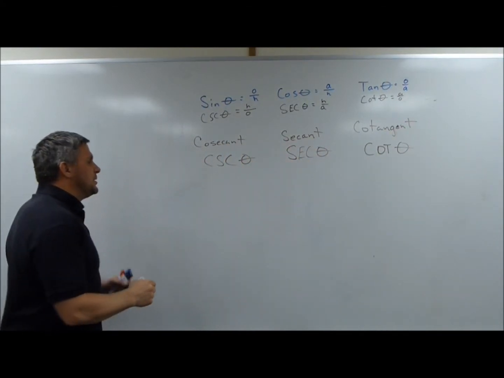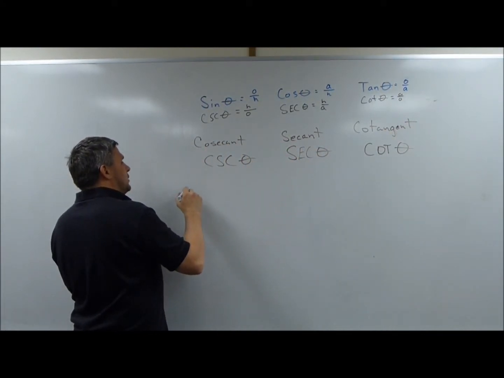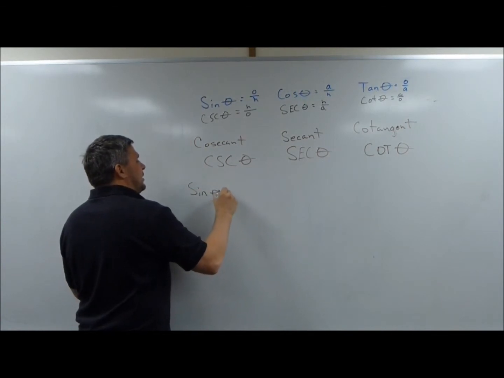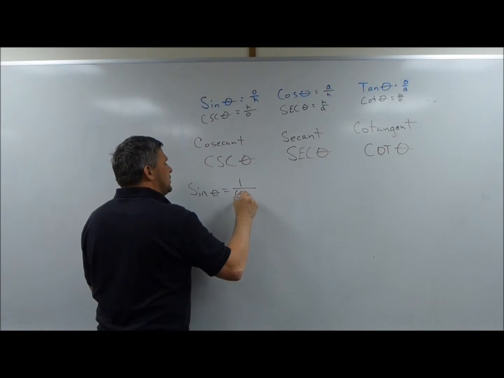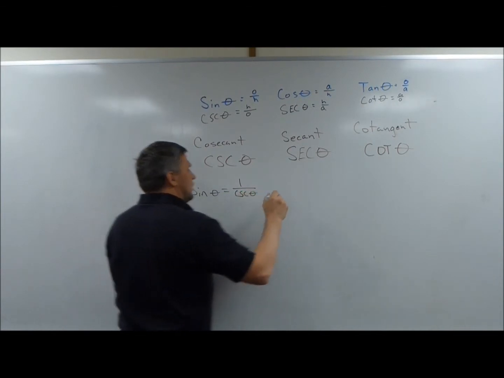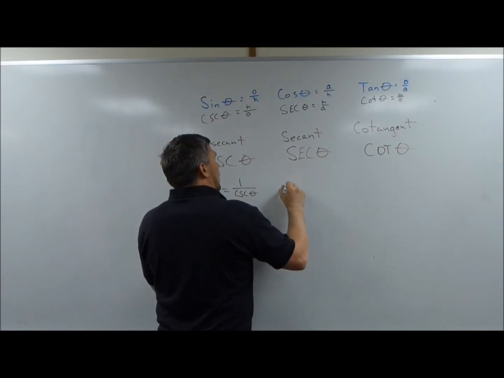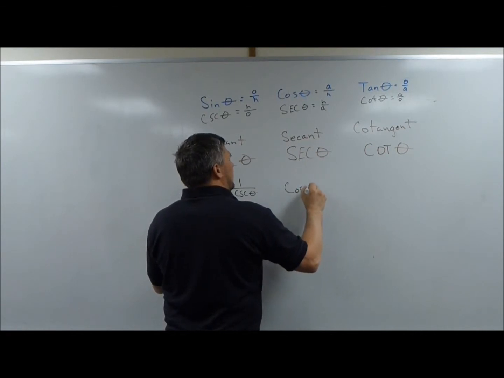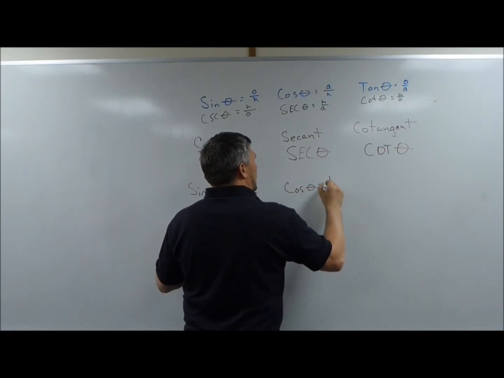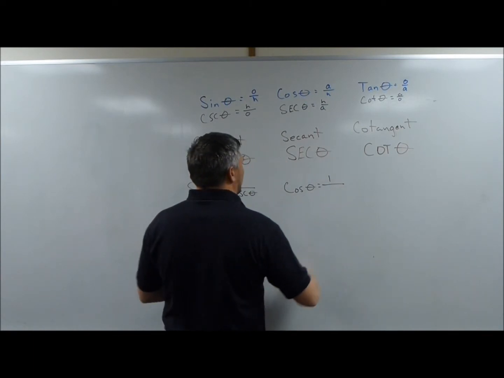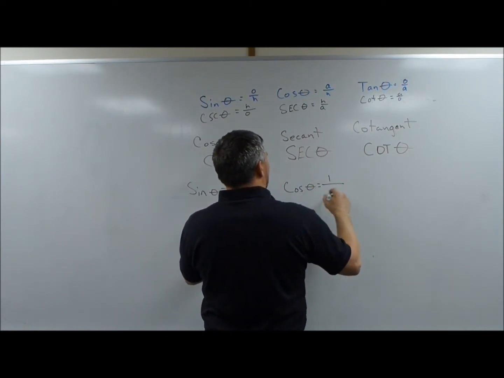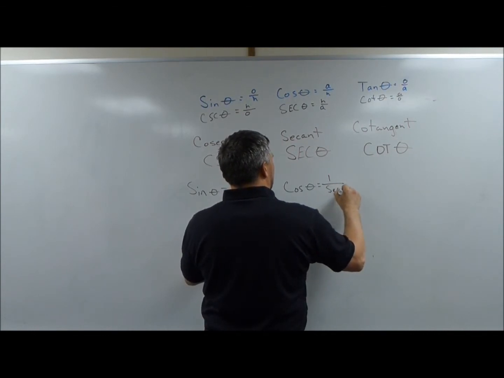In other words, sine theta is equal to 1 over cosecant theta. Cosine theta is equal to 1 over secant theta.